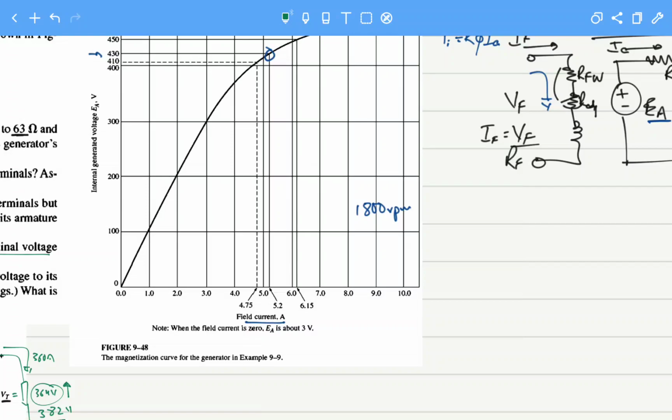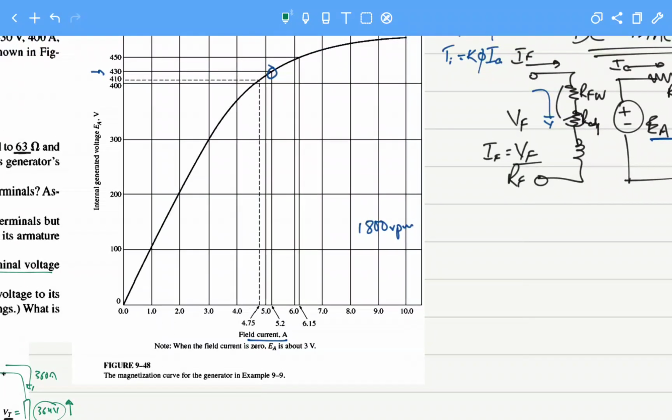So what it is saying is that I need 400 volts. How much IF should be required to raise the voltage to 400 volts? But students, you have to be very careful here.